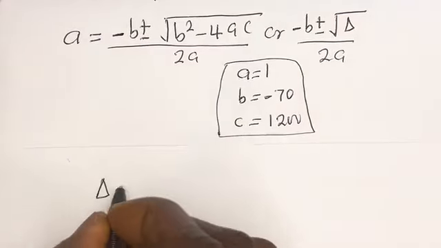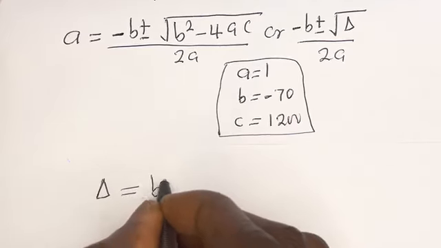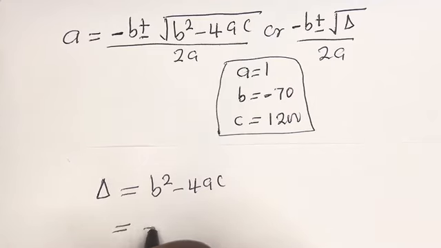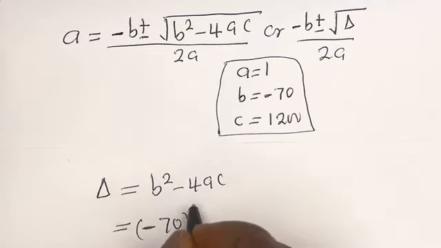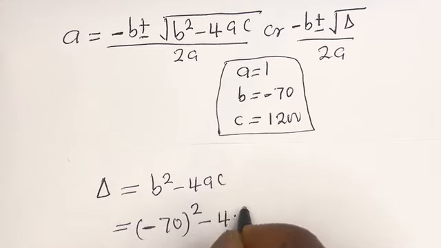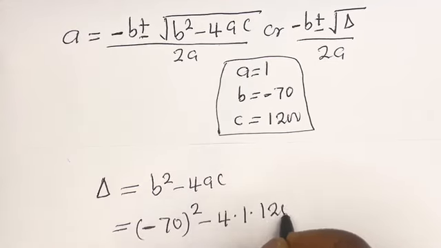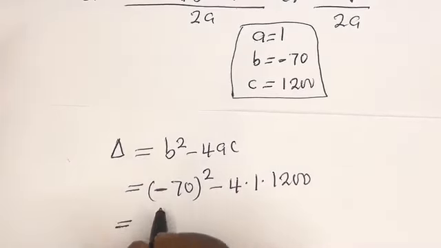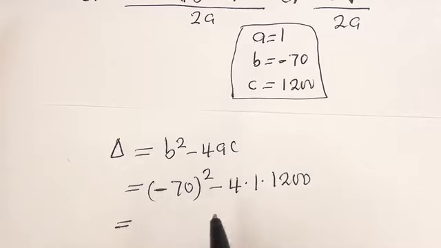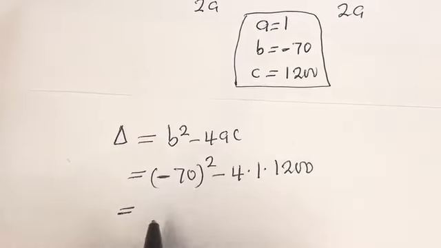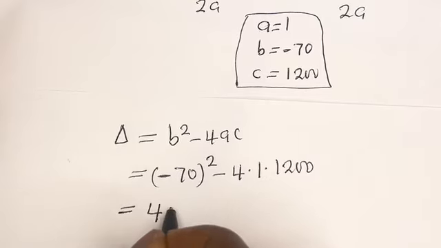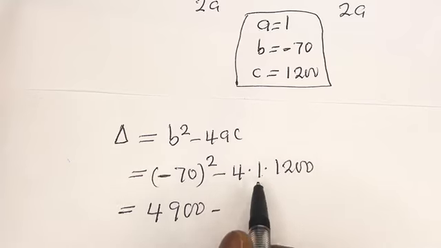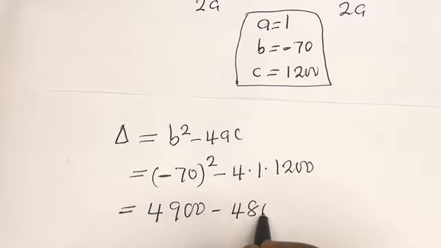Then discriminant D is equal to B square minus 4AC. This is equal to minus 70 square minus 4 multiplied by 1 multiplied by C, which is 1,200. And this is equal to minus 70 square, that is 4,900, minus 4 multiplied by 1 multiplied by 1,200, that is 4,800.